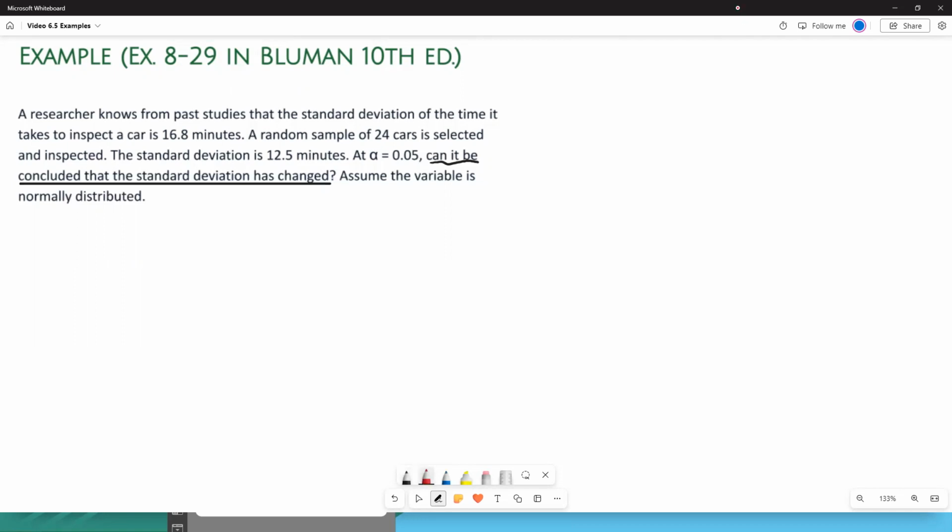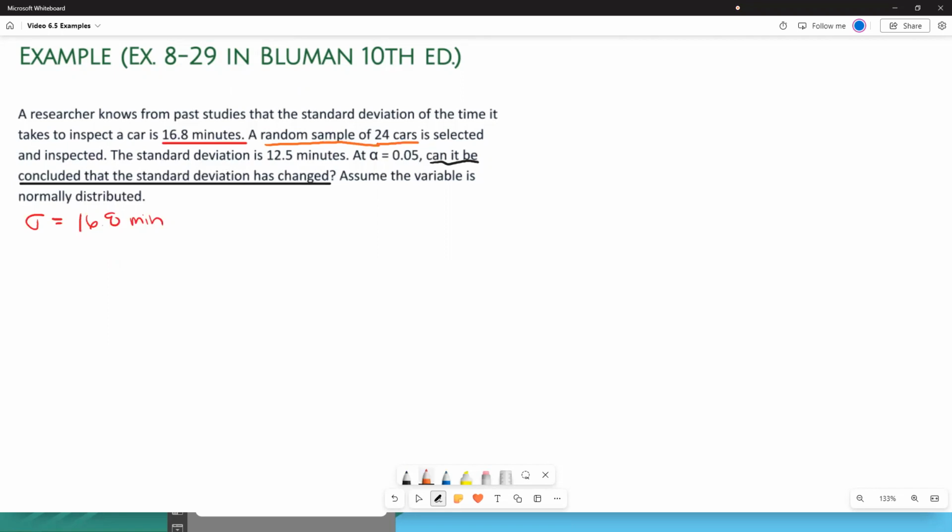We're going to go through and pick out the information. Researcher knows that the standard deviation is 16.8 minutes. So this information here is a population value. The population value is claimed to be 16.8 minutes. Then if we continue reading, random sample of 24 cars.